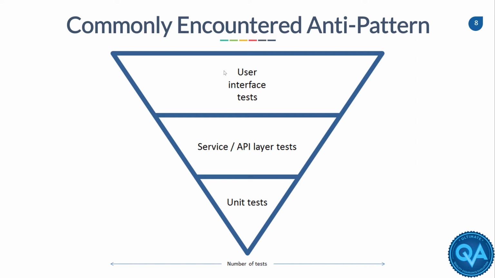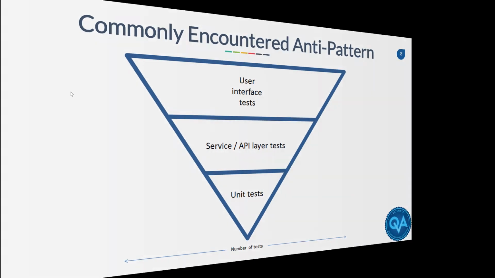And that's because people don't understand all the concepts that I just told you about how unit tests are basically the biggest bang for the buck that you get. And so what they try to do is they try to simulate end user behavior here at the top, and most of their automation is at the UI layer. And this is something that you want to avoid, because I already discussed why UI tests versus something like unit tests have a bunch of disadvantages.